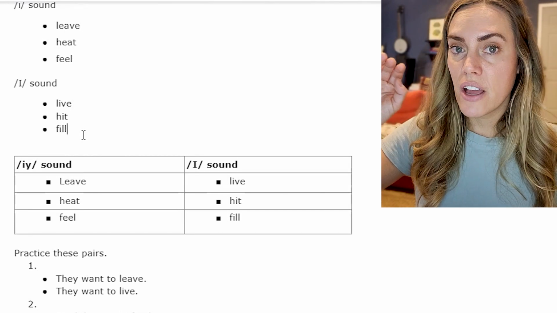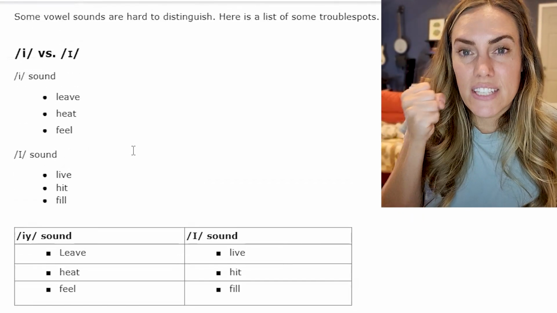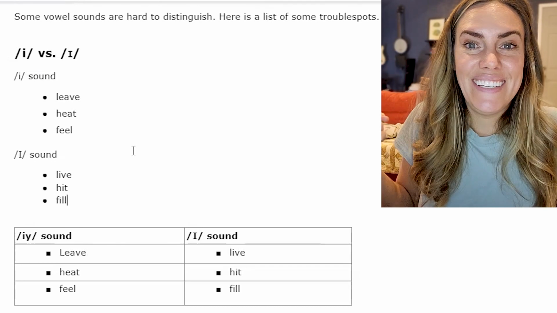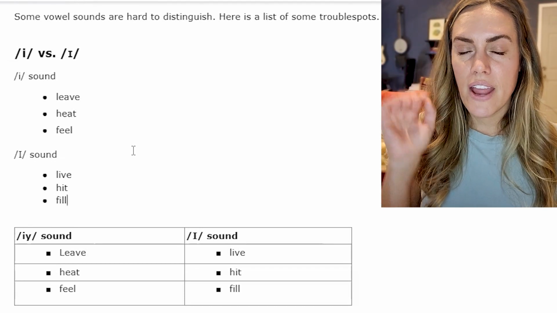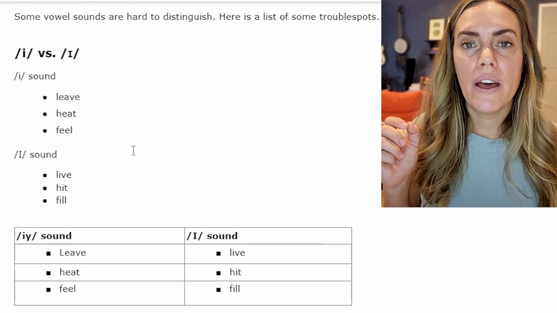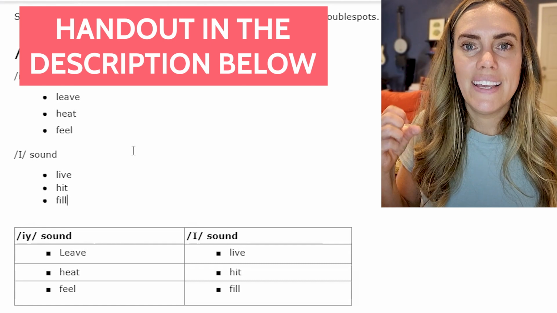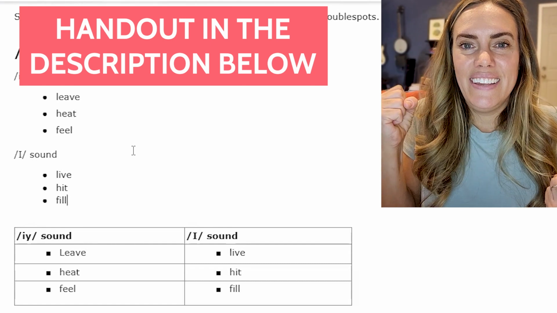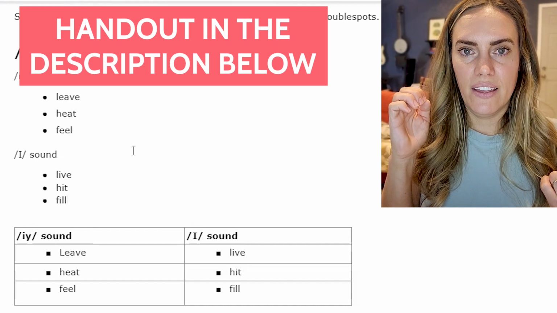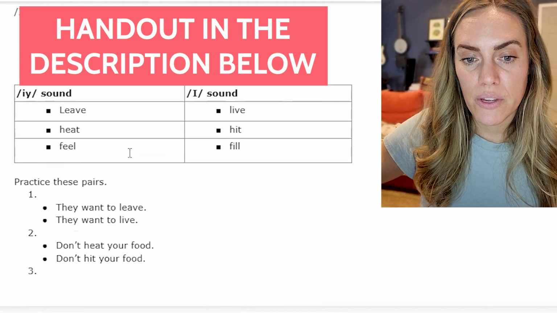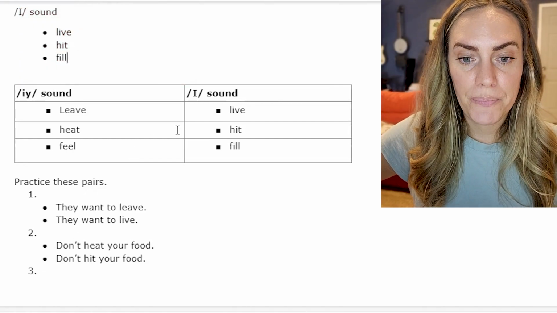So both your tongue's up high in the front, but with E, your tongue's a little bit tighter and you're smiling, E. Whereas with I, your tongue is still in the front and it's high, I, but it's a little bit looser and it's not so tense. And with I, it goes a little bit down, I, okay?